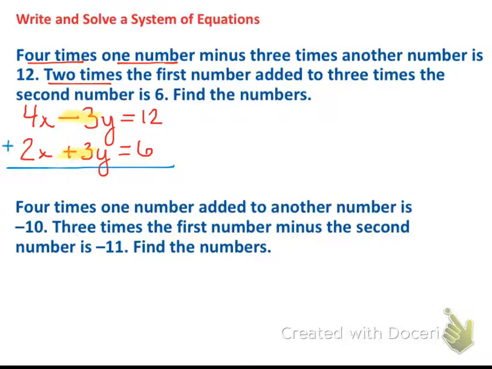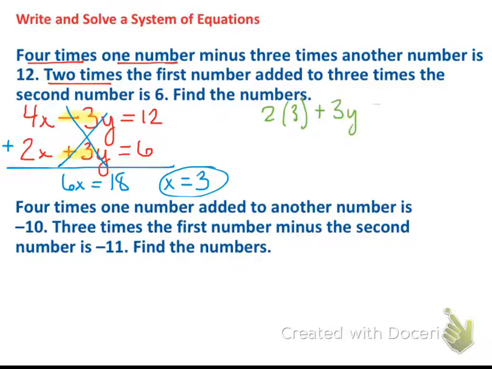If you said add, you are correct, because when I add a negative and a positive, they disappear. So that's going to give me 6x equals 18. So x is 3. The first number is 3. How do I find the second number? Substitute it into your favorite equation. Mine is the second one. Substitute it in and solve.